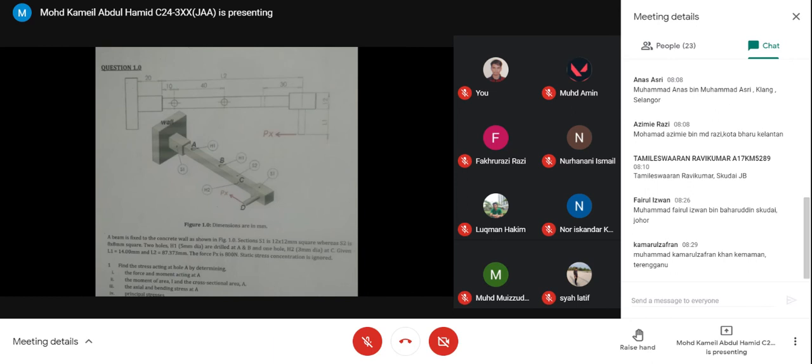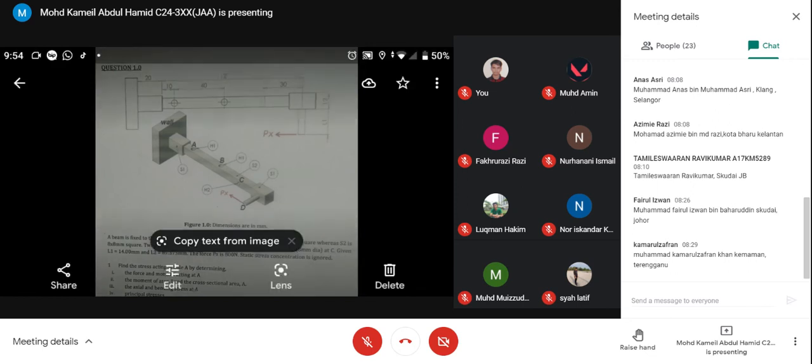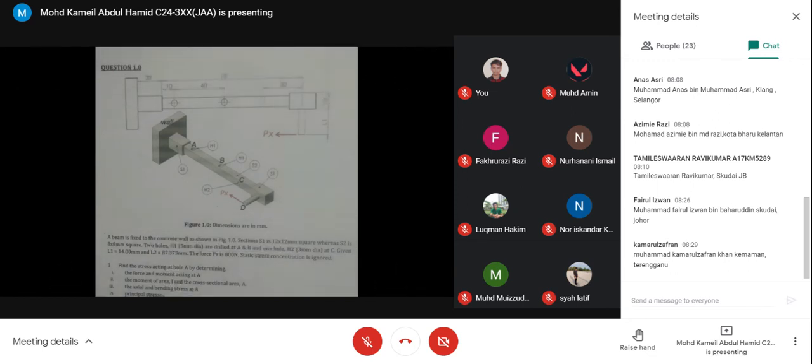L2 is given 8.87.37. L2 ke atas, panjang, the length of the AD. Okay. Given the force PX is 800 Newton. Static stress concentration is ignored.